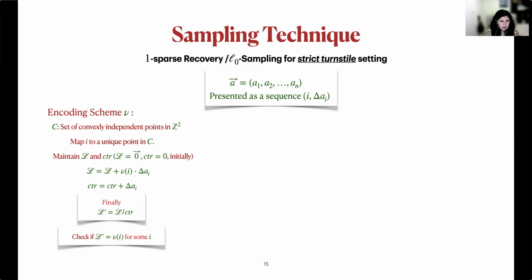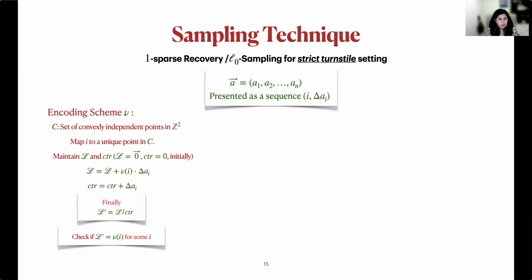As the stream progresses, we update our integer vector L with the encoding of the coordinate I times the amount or the value by which the coordinate I is being updated, and we update the counter CTR by the value by which the coordinate I is being updated.